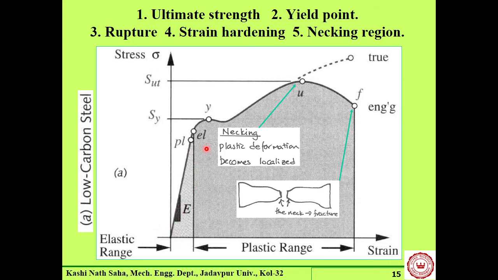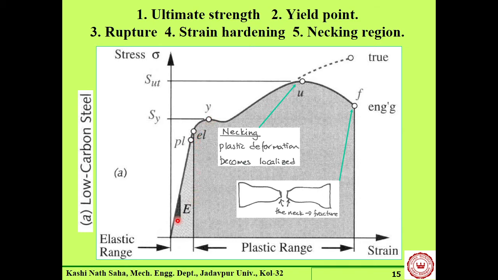But what happens when we are close to this yield stress value? After a certain value, the linear relationship is no longer valid. The relationship between stress and strain can become non-linear. But still the material remains elastic.